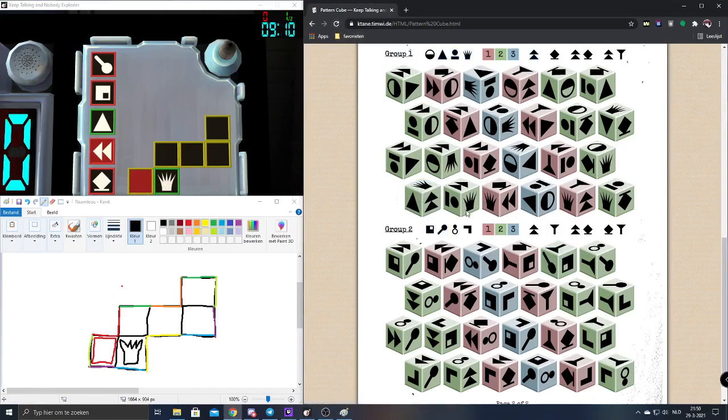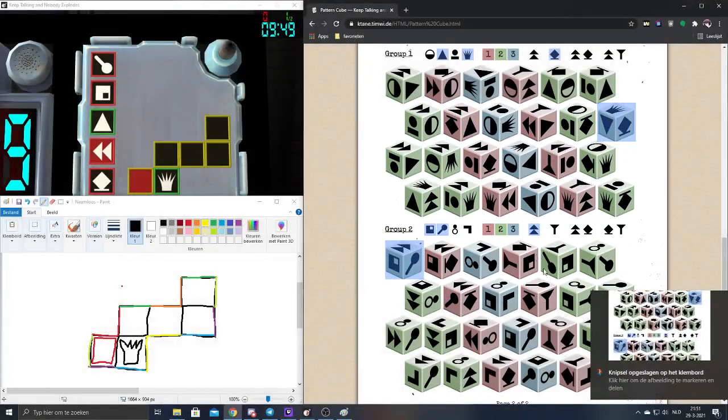Let's just reload it. We have the crown. We have the triangle. The square with a square missing. And the circle on a stick. And then we have the fast forward arrow and the diamonds on a platform. So this is this one, and this is this one.